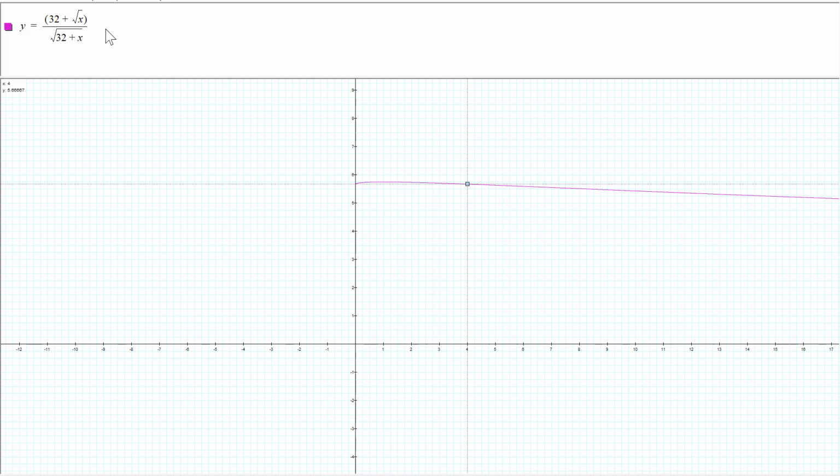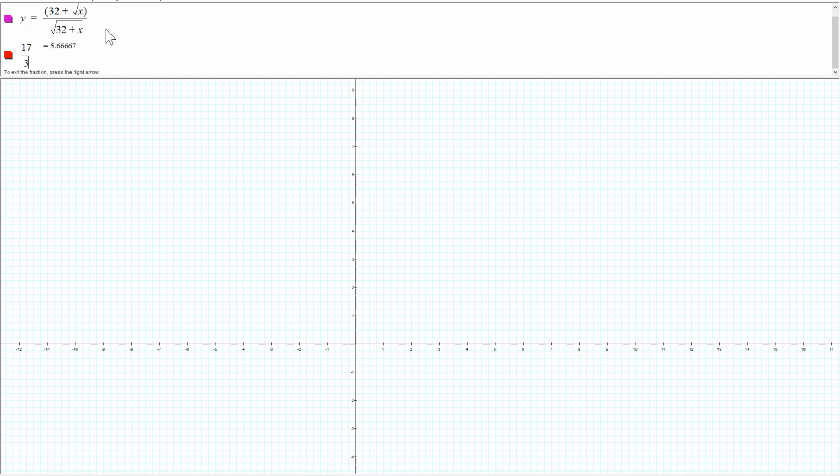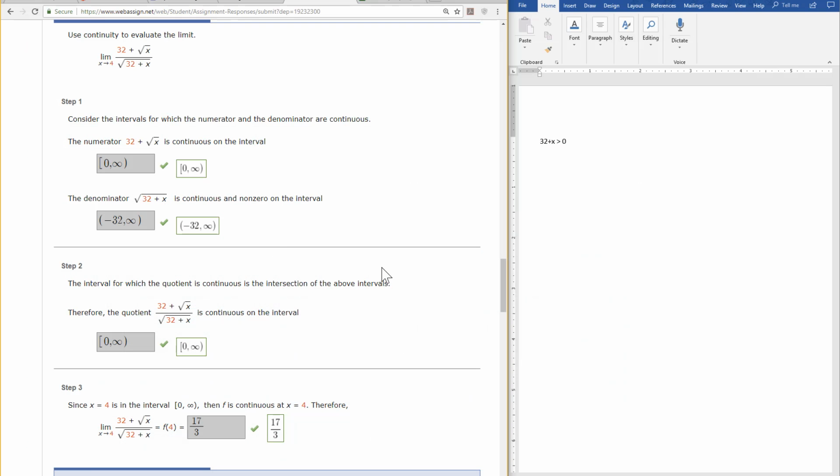If you take 17 divided by 3, you get 5.666, and so that's the y value that we get. Okay, so that's this problem, and I hope that helps.